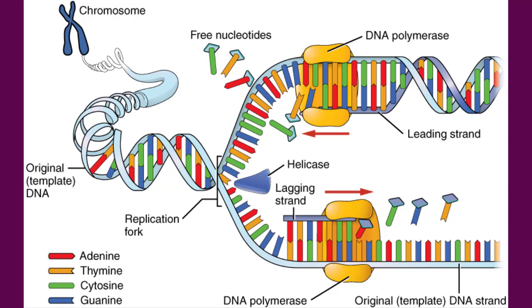So the term for this mode of replication is semi-conservative, because half of the original DNA molecule is conserved in each new DNA molecule, and this process continues until the cell's entire genome, the entire complement of an organism's DNA, is replicated.